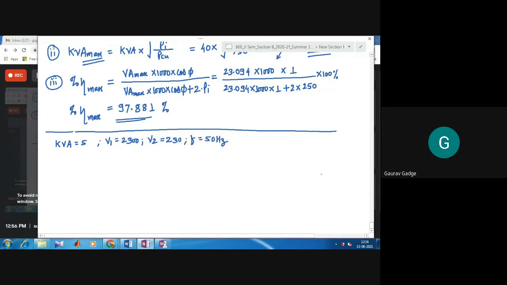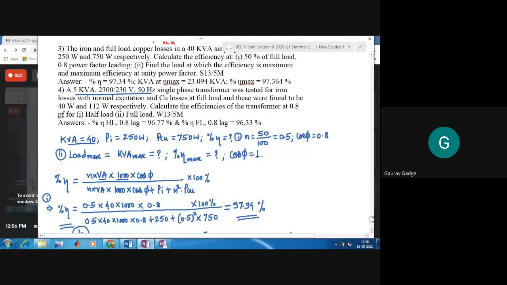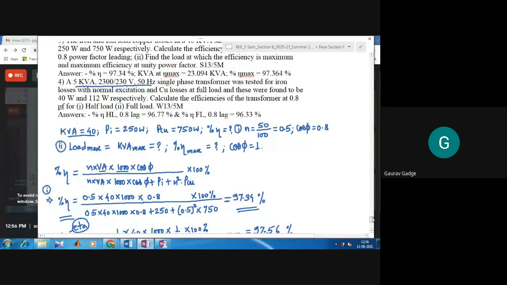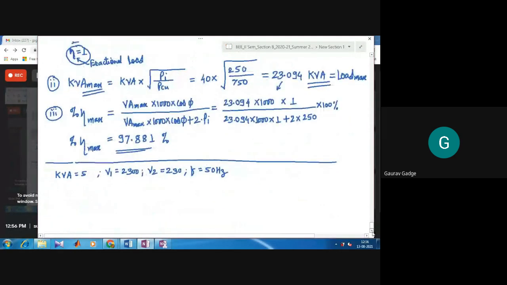Then tested iron loss 40 and copper loss 112.